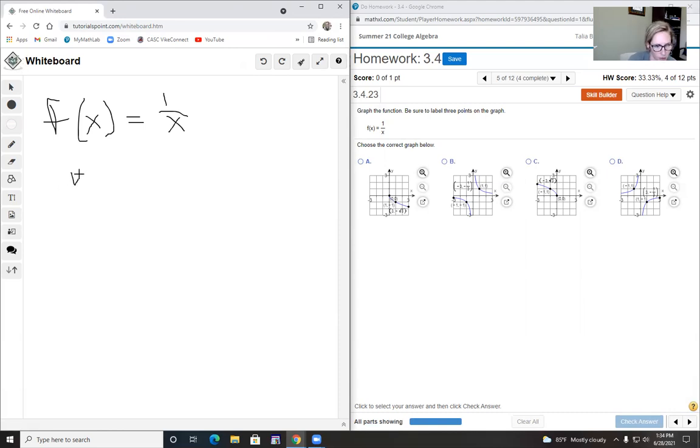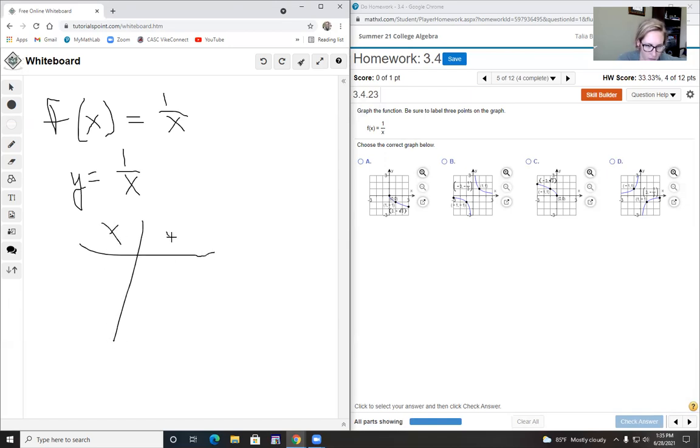So this would be y equals. The first thing on this one that I'd look at is 0 couldn't be in this one, because if I had a 0 in for x, it would be undefined. So I'm going to make that note.